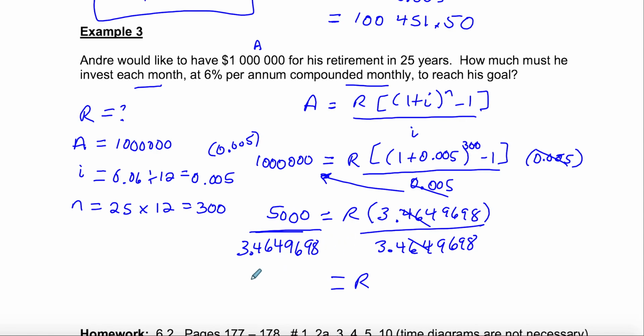And I get $1,443.01. So this is quite a large monthly payment, but Andre wants $1 million in 25 years. So if he just paid almost $1,500 a month, he would be able to save that much at 6% compounded monthly for 25 years.